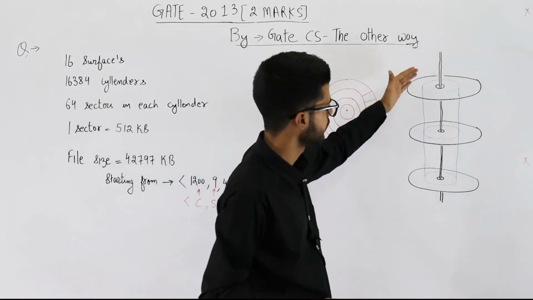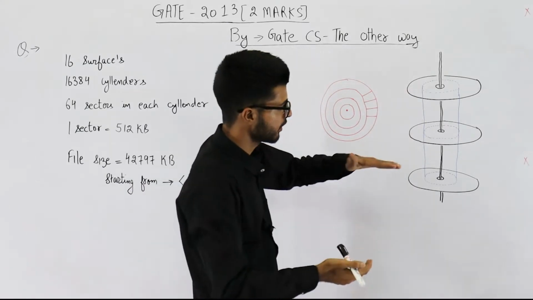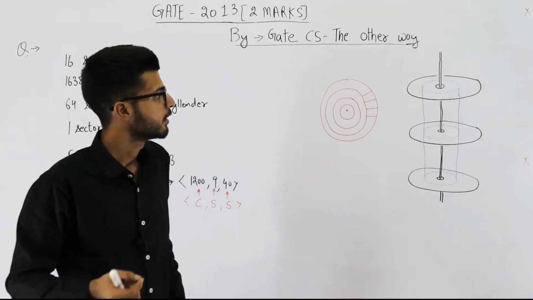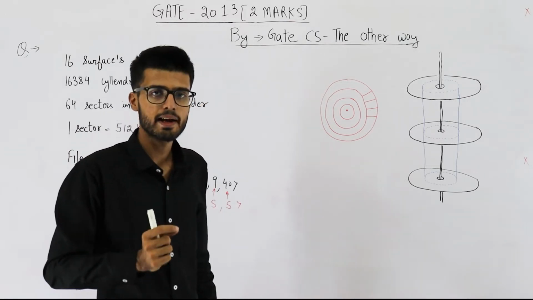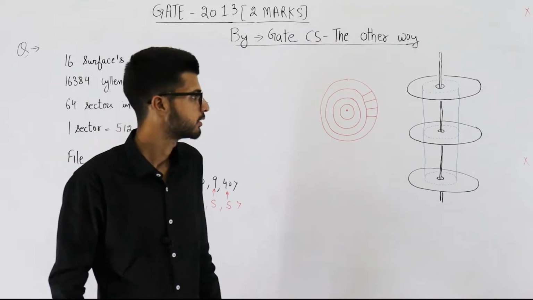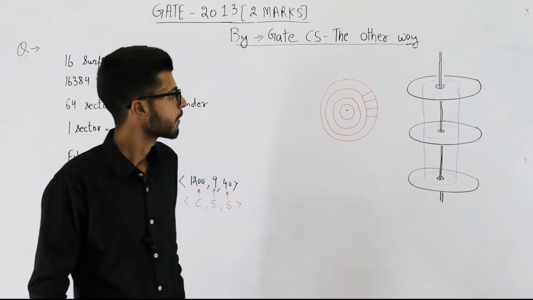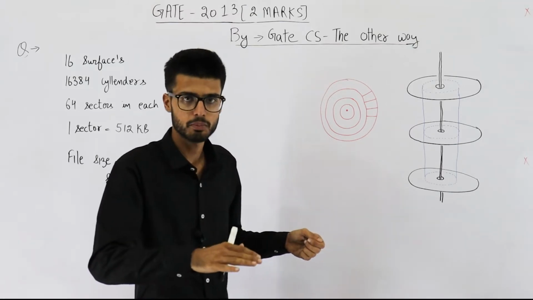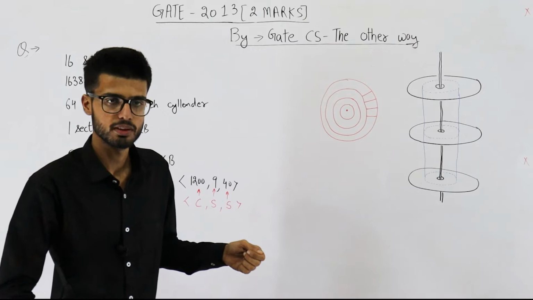So if you see a hard disk from side, there will be multiple platters. You select any one track number from all the platters. That will make a cylinder. Let me explain what I'm saying. Say this is a platter in hard disk. So this is the topmost platter. There are a lot of platters below this.